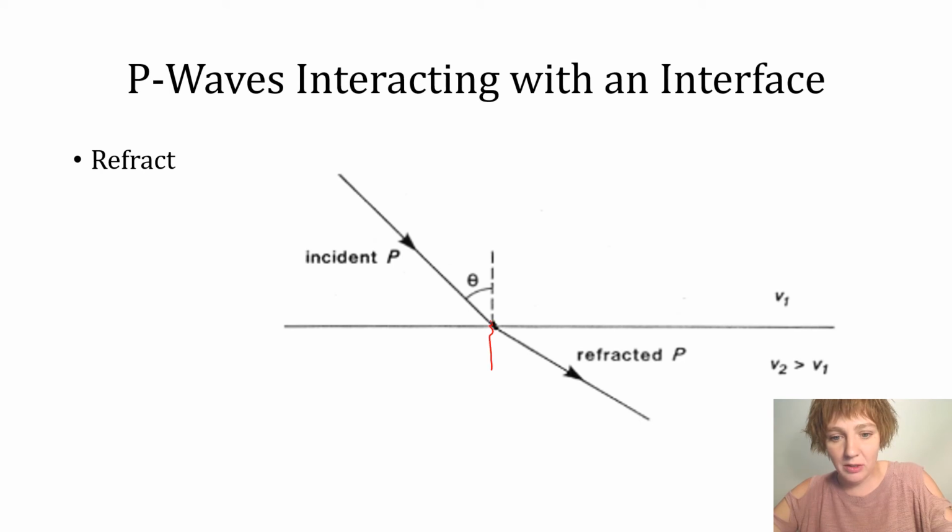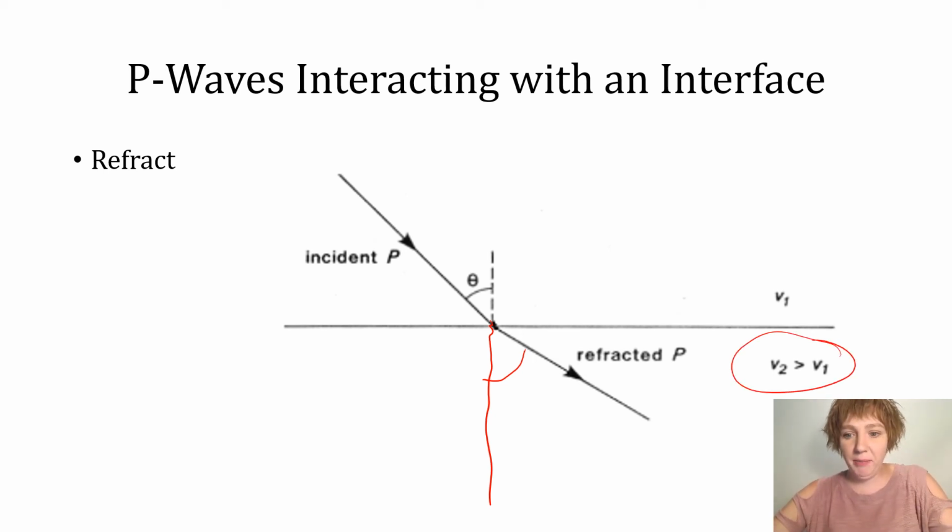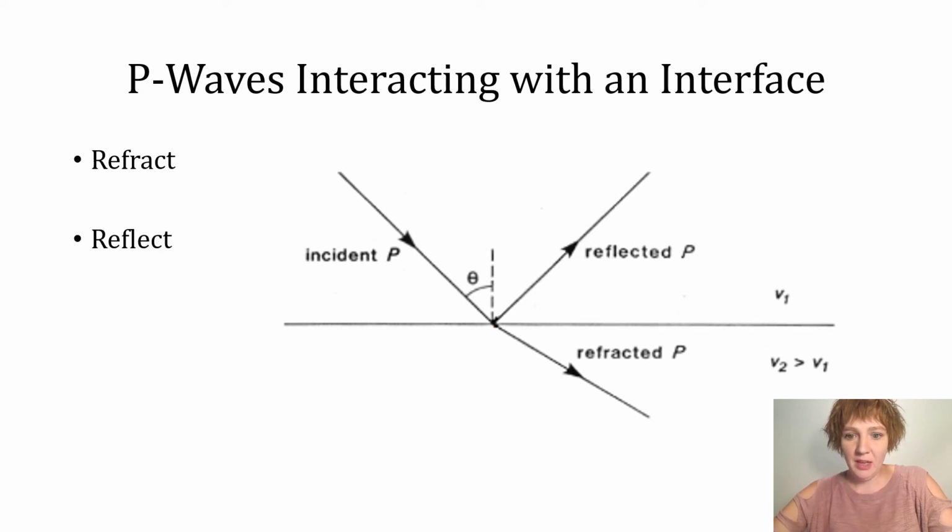So again, this is the normal, this is the other angle we're considering, and because it bent away, then the velocity of the second medium must be higher than the velocity of the first medium. Of course, refraction is not the only thing happening at the boundary, okay? You're also having some of that energy reflected. The angle of reflection is always going to equal the incident ray. So these two angles are the same.